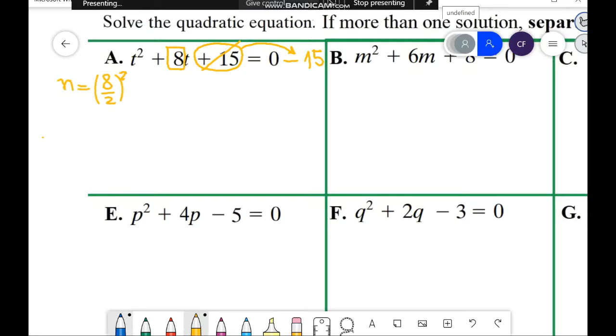Remember, this is something we've done yesterday and before yesterday. And n is going to be 8 divided by 2, 4, squared 16. So add on both sides of the equation, we have t squared plus 8t plus 16 equals negative 15 plus 16. Okay, and this is n.